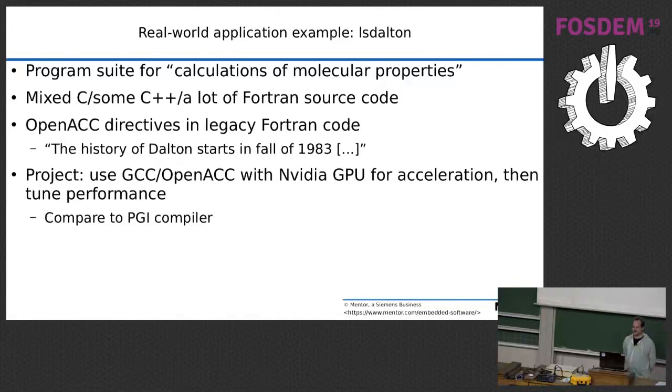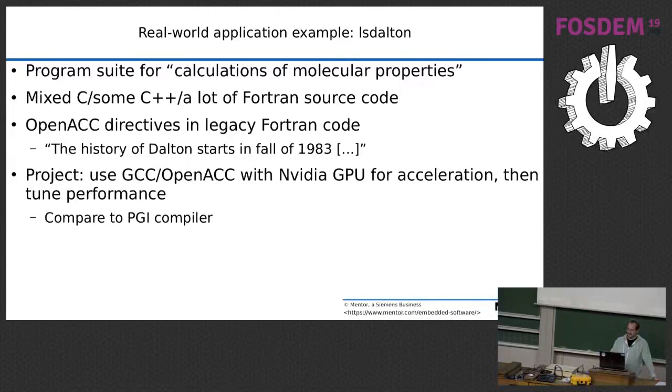I just have been given, or we as a group have been given this application with the goal to tune the performance that you get with GCC, OpenACC, with NVIDIA GPUs by comparing to the PGI compiler, which is kind of the standard you would use with NVIDIA GPUs. The PGI compiler, Portland Group, has been acquired by NVIDIA a while ago, so they have all the in-house knowledge.